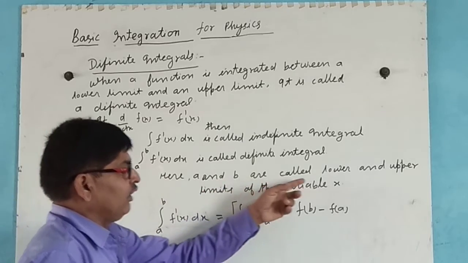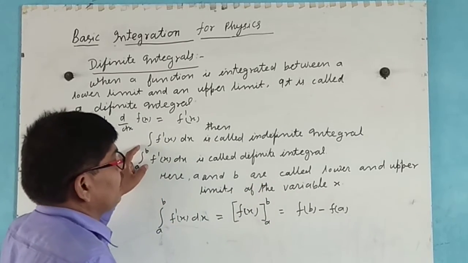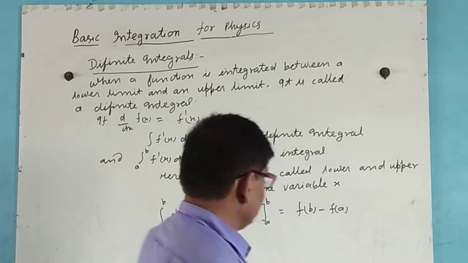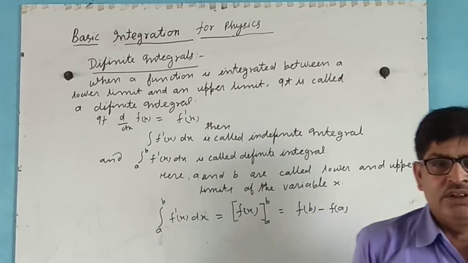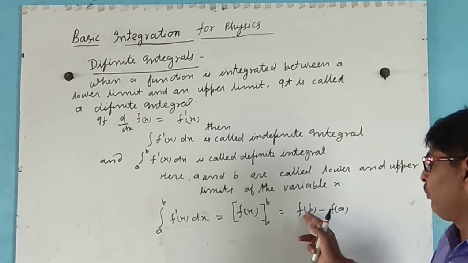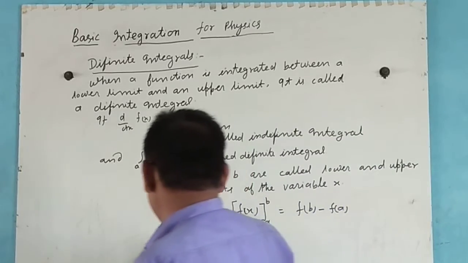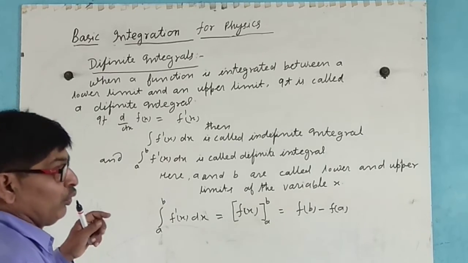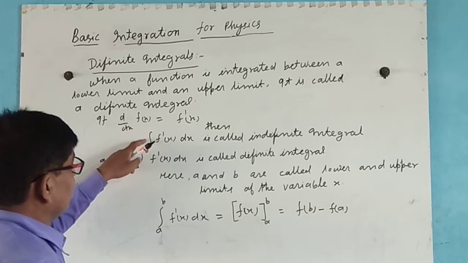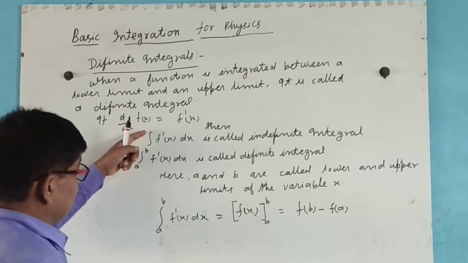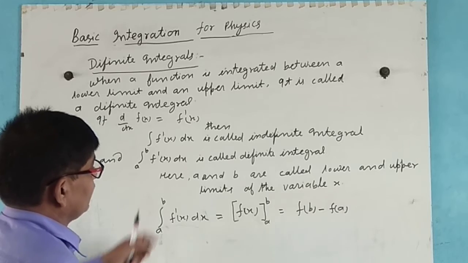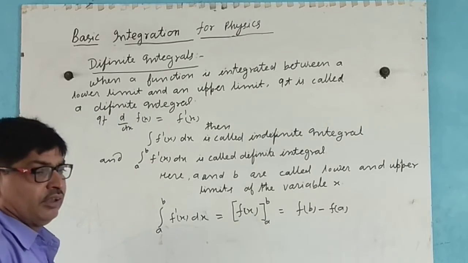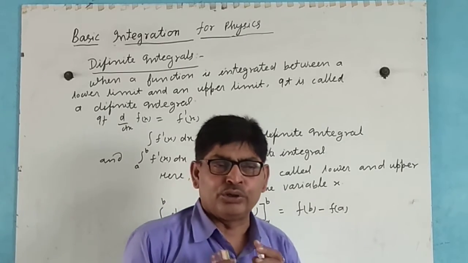A and b are called the lower and upper limits of the variable x. We can write integration from a to b of f dash x dx is equal to f(x) from a to b, that is f(b) minus f(a). This is the value of this limit. So if nothing is written at the integration sign, then it is called indefinite, and if limits are given, that is called the definite integral. Now we solve some problems.